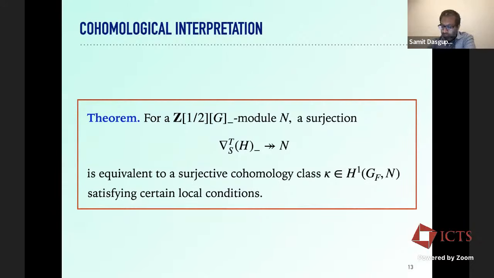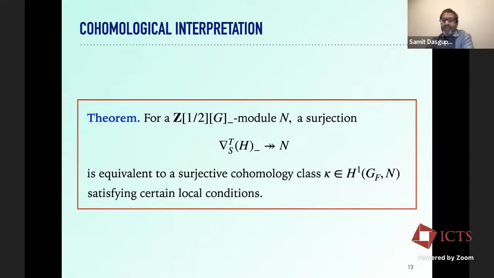I just want to point out the word surjective here. What is a surjective cohomology class? I think this is non-standard notation. We call a cohomology class surjective if every cocycle representing the class has the property that, as a function from G_F to N, as a one-cocycle, the image generates N as an R-module. I shouldn't say surjective function.